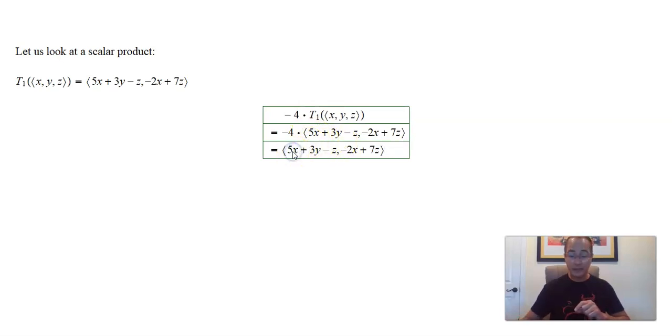Multiply the first component by negative 4, so we get negative 20. And then multiply 3 by negative 4, so we have minus 12. Negative 4 times negative 1 is positive 4. Next, negative 4 times negative 2, so that is positive 8. And negative 4 times 7, that is negative 28.